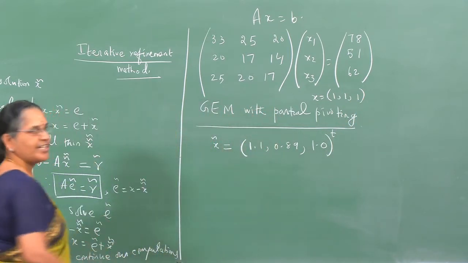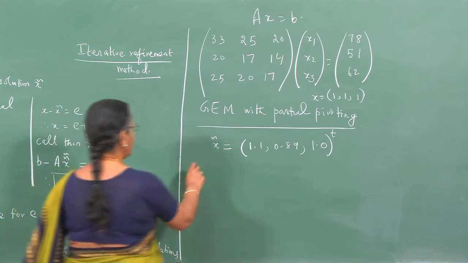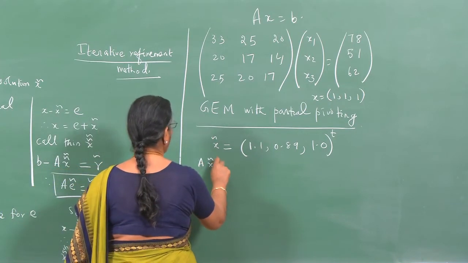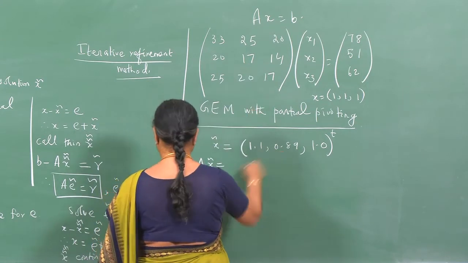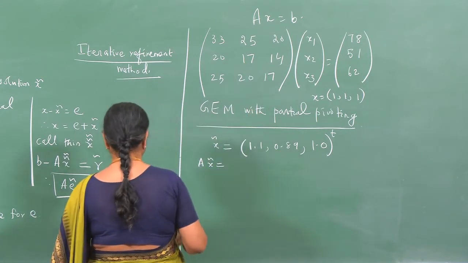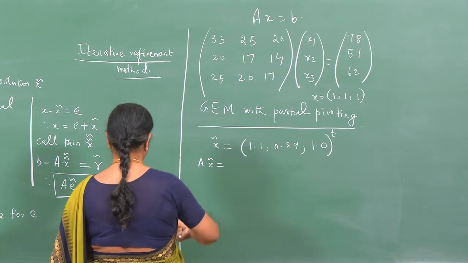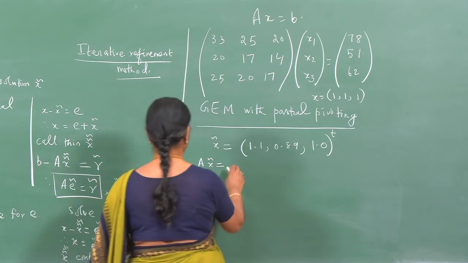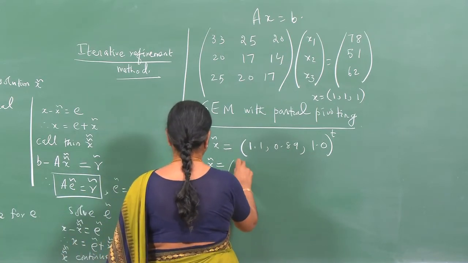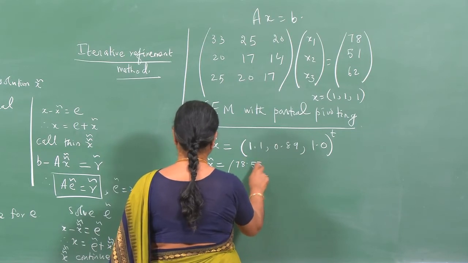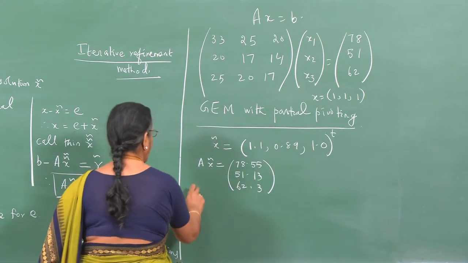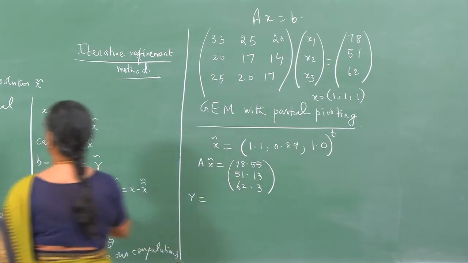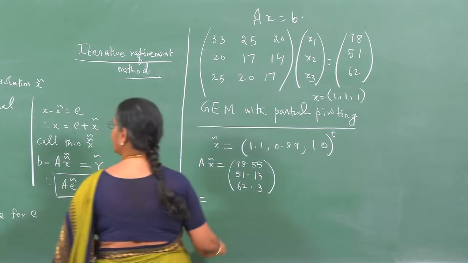According to the iterative refinement method, I must compute A into x tilde. So, A is this matrix and x tilde is this vector, and so when you compute A into x tilde, that turns out to be the vector 78.55, 51.13, 62.3. So, I compute the residual vector r. What is the residual vector?